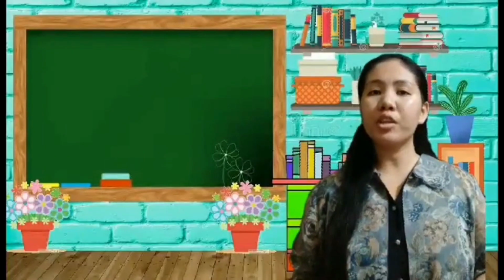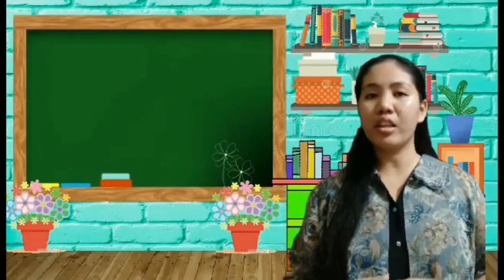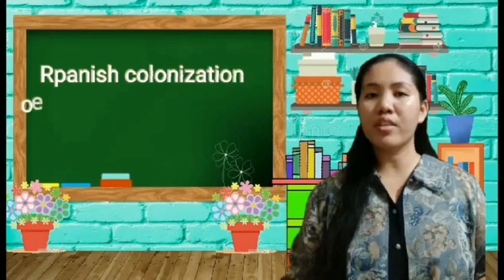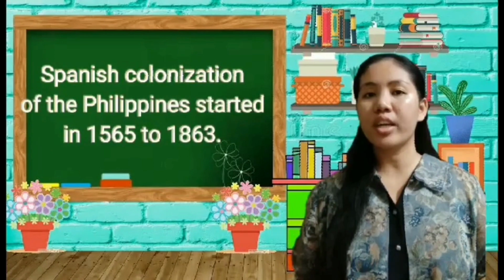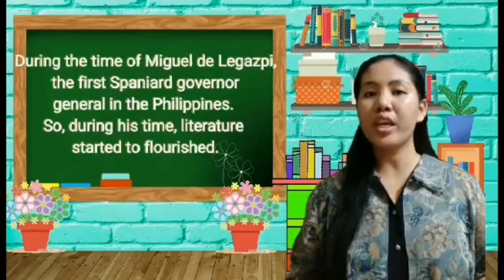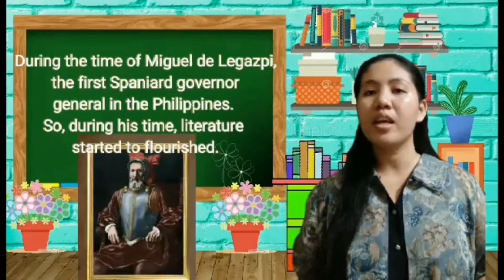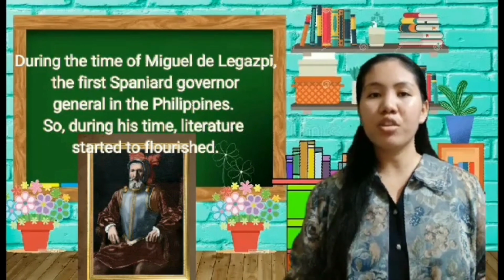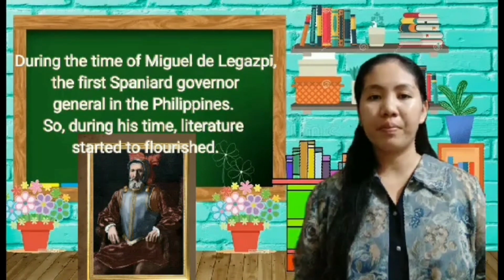Hi class, so in continuation, I will be discussing the literature during the Spanish colonization. Spanish colonization of the Philippines started in 1565 to 1863. During the time of Miguel de Legazpi, the first Spanish governor general in the Philippines, literature started to flourish.